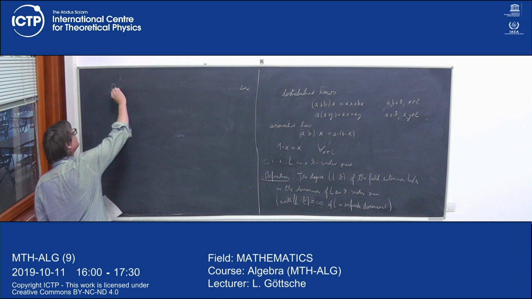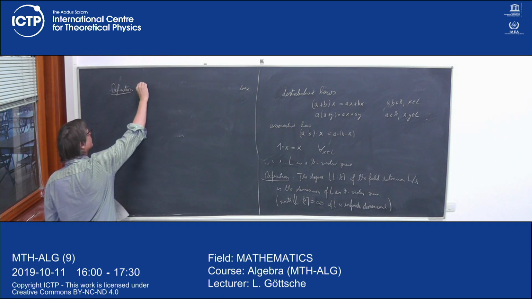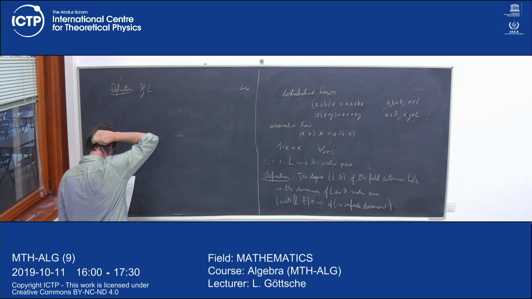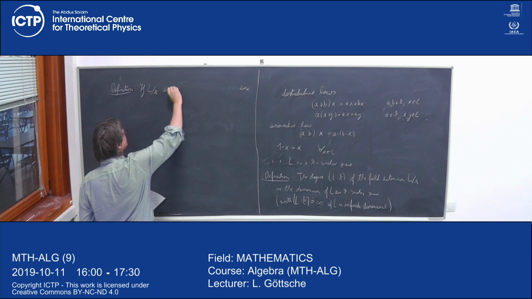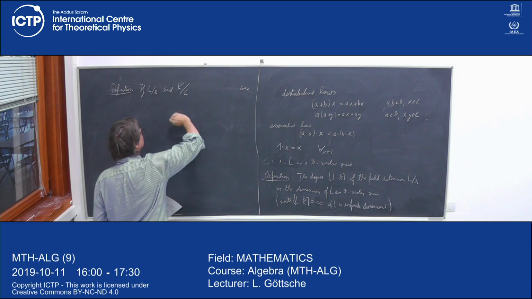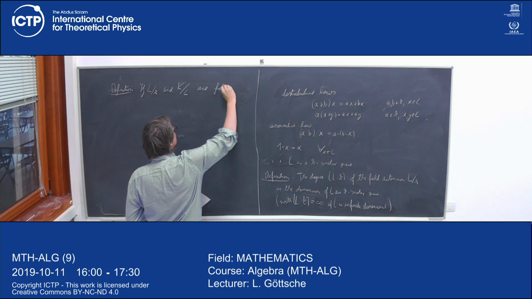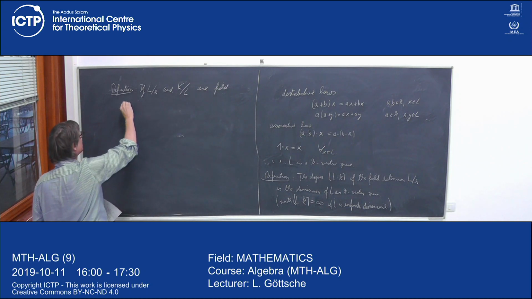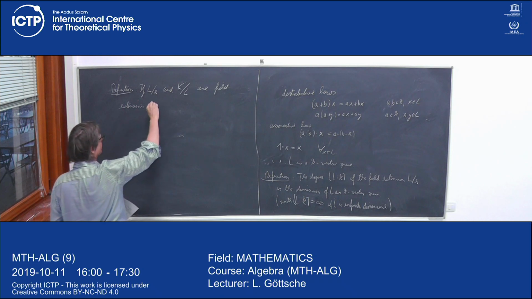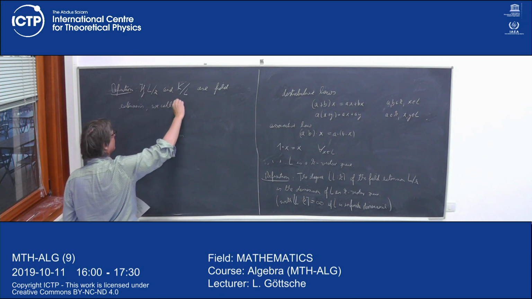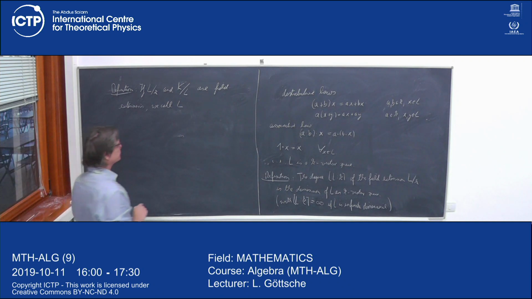Definition: if L over K, small k, and large K over L are field extensions, we call L an intermediate field of large K over small k.